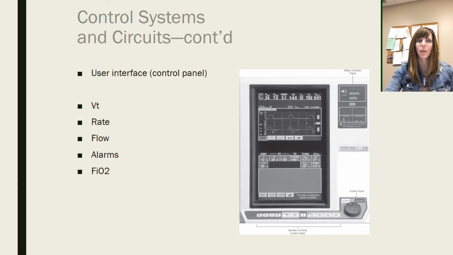And then you're also going to set a PEEP, anywhere from 5 to 40 or 50 if you need to. And based upon those things, you're going to be setting a flow, an inspiratory time, expiratory time, and I:E ratio. And we'll get into those things later. But for now, just know that the user interface, also known as the control panel, is where you're going to make the settings that will hopefully make the patient get better as soon as possible.